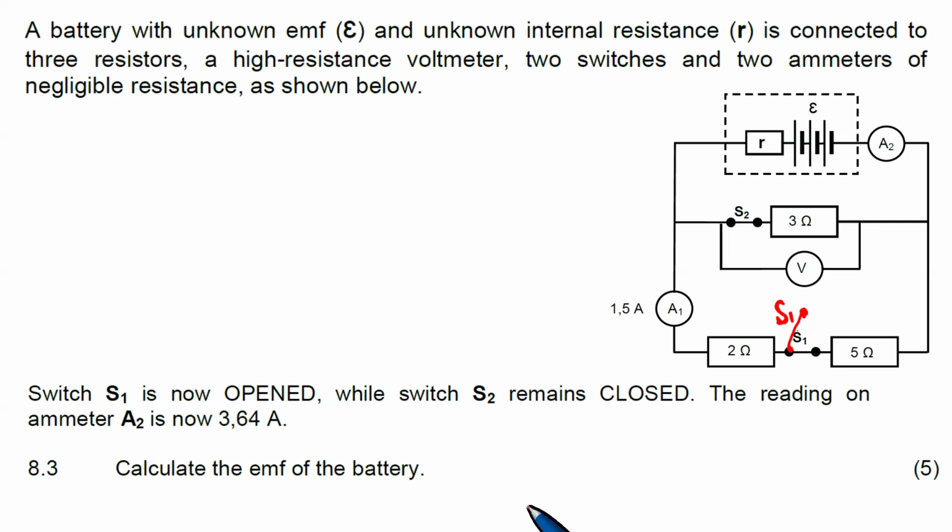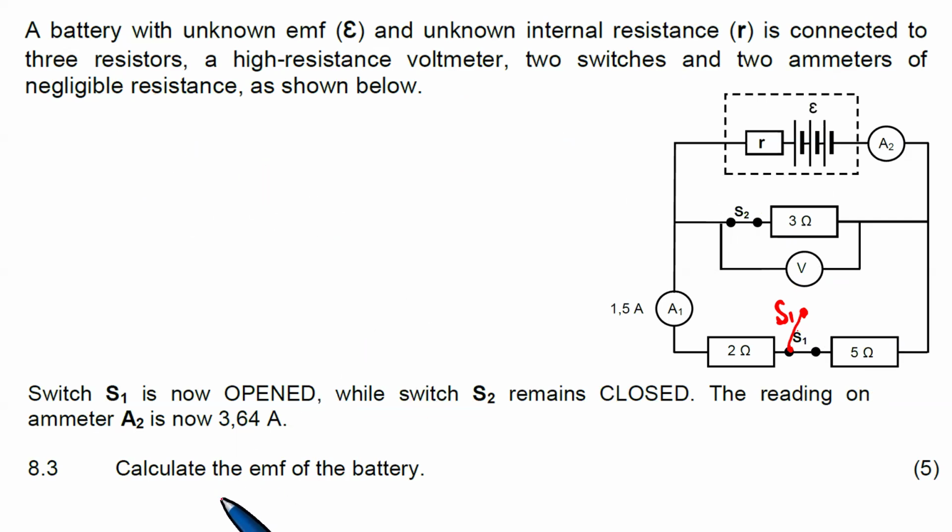So let us look at 8.3. We continue. This battery with EMF E and unknown internal resistance R is connected to three resistors, a high resistance voltmeter, two switches, S1 and S2, and two ammeters of negligible resistance as shown below.